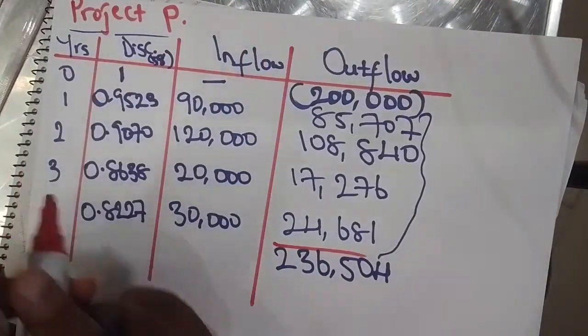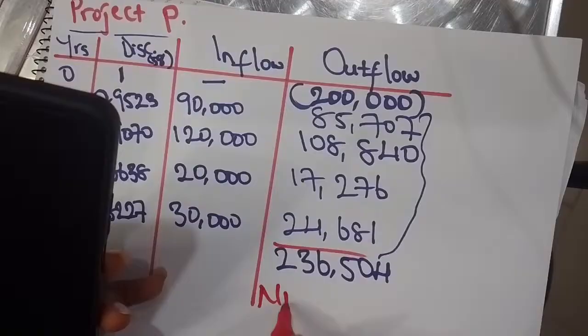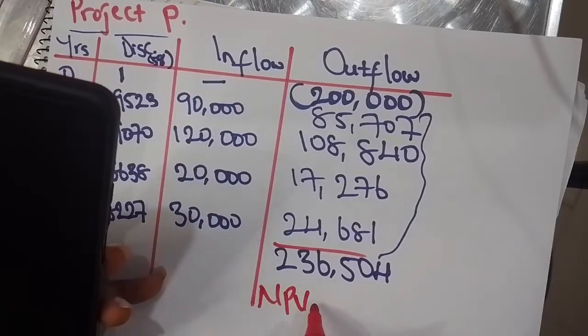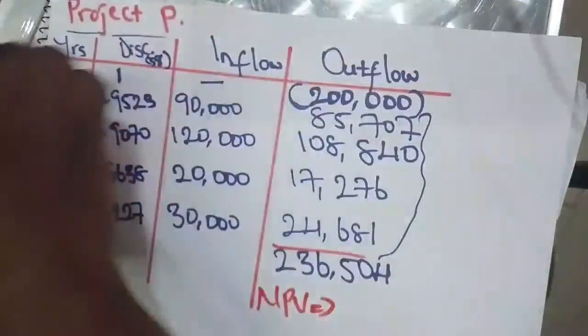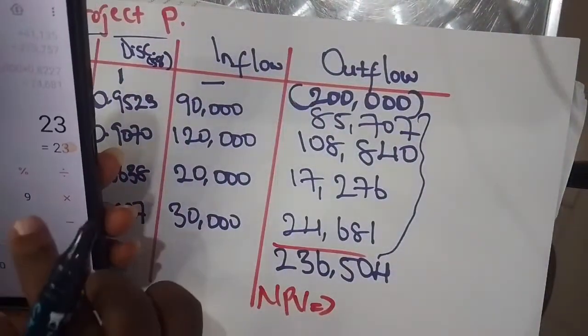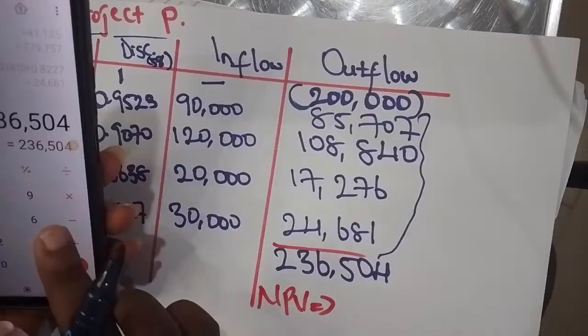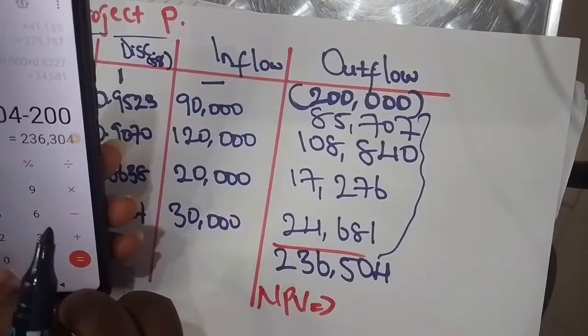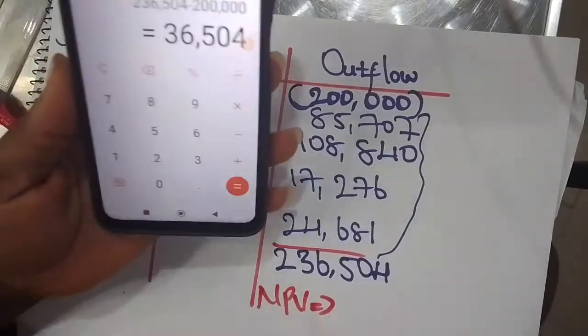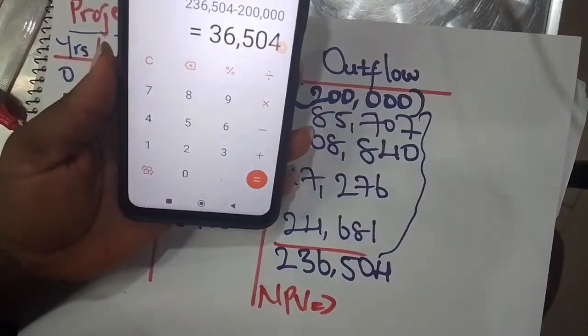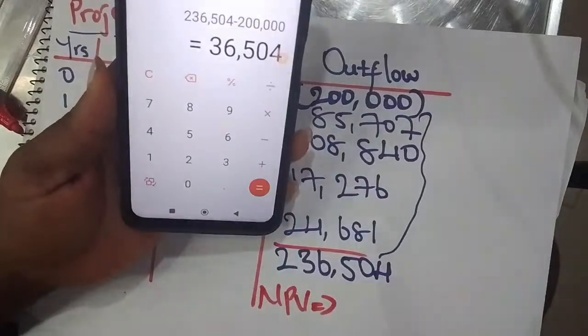So NPV is 236,504 minus 200,000. So it's 36,504.